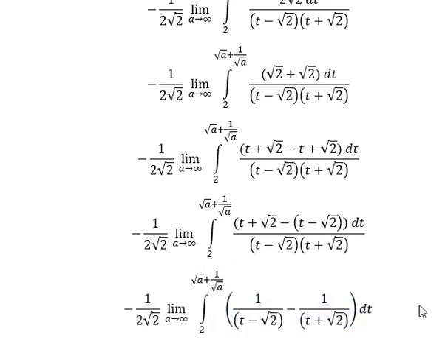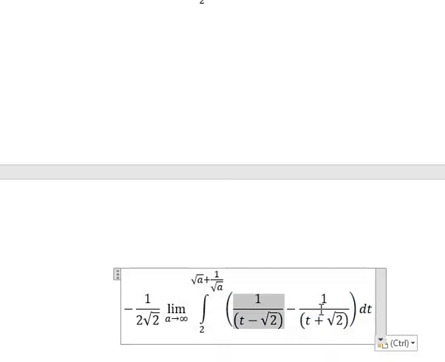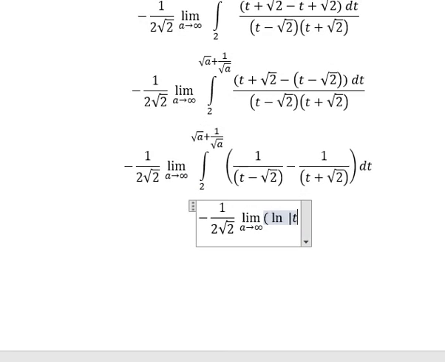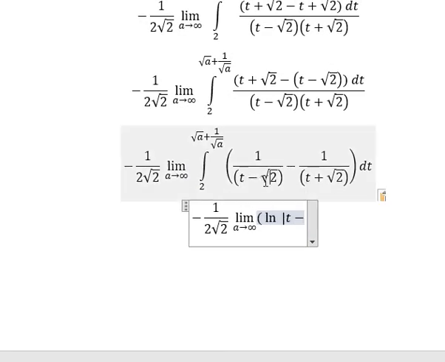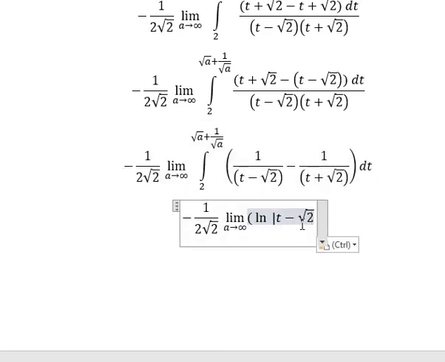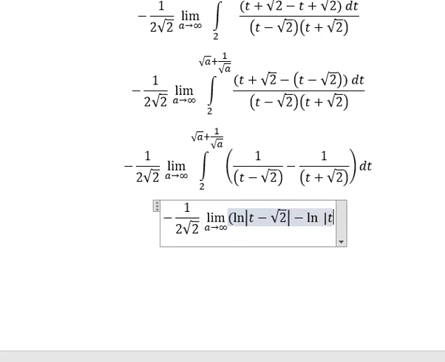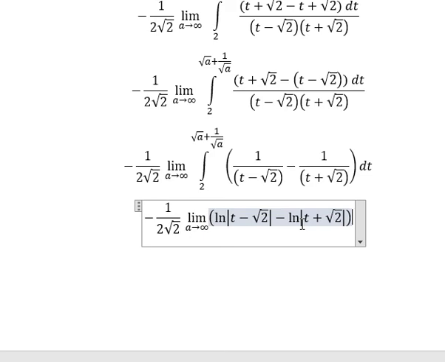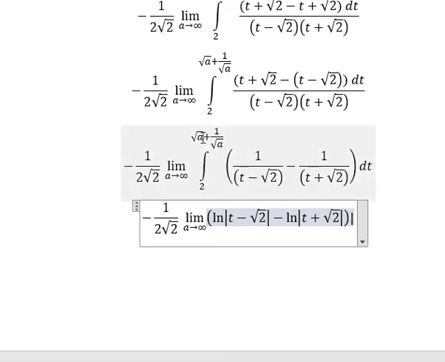Next, the integration of this one and this one we have like this. That is ln of t minus the square root of number 2 minus ln of t plus the square root of number 2, and we put the bounds from number 2 to this one.